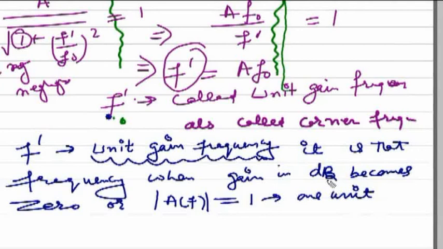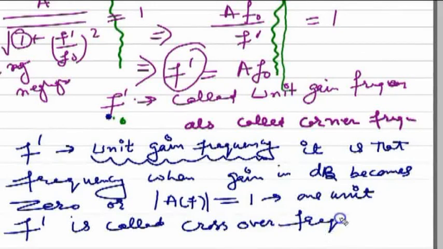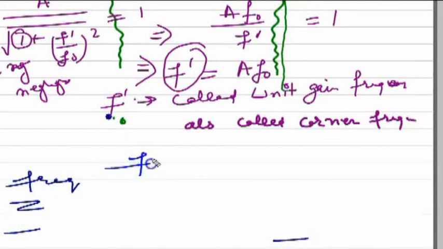This is very, very important. The unit gain frequency F dash has another name, which is also the crossover frequency. So this crossover frequency or unit gain frequency formula is A into F naught.